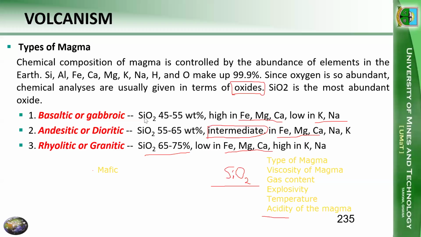But every other thing will be high. So we'll now continue and look at exactly how all this comes into play as far as the various types of magmas and the behavior of the magma with respect to the silica content is concerned.